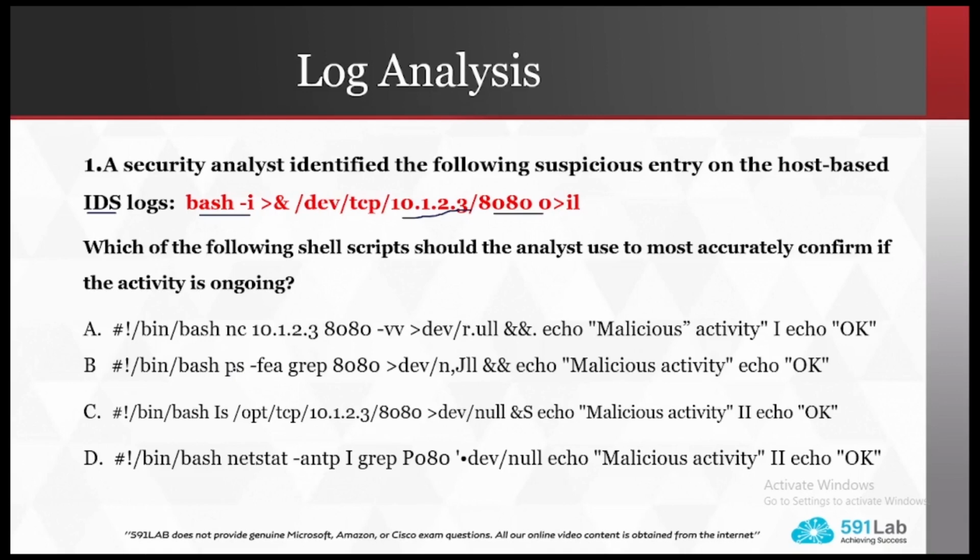So under option A, the script attempts to establish a netcat (nc) connection to this IP address on port 8080 with -vv, which is a flag for verbose output.